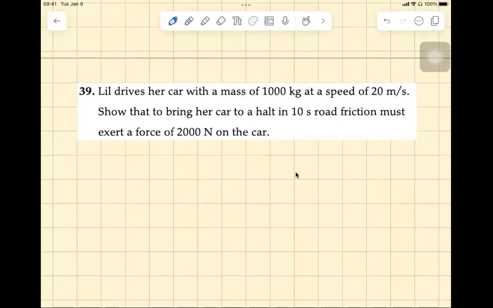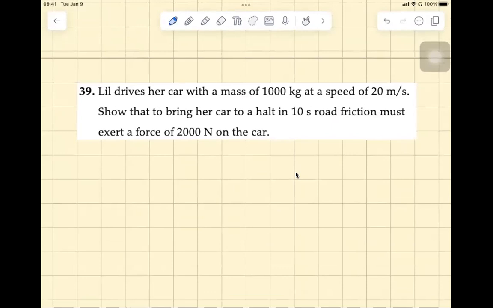Lil drives her car with a mass of 1,000 kilograms at a speed of 20 meters per second. Show that to bring her car to a halt in 10 seconds, road friction must exert a force of 2,000 newtons on the car. Well, let's say we don't know what that is.